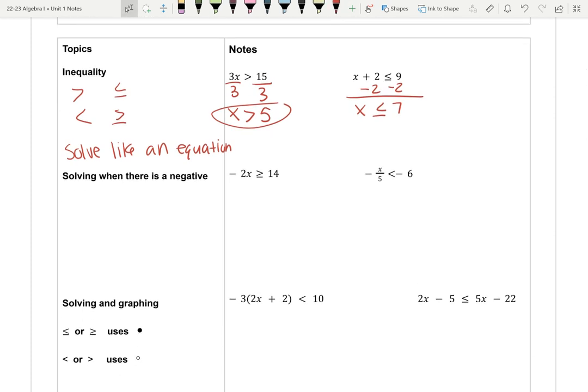Okay, the next one, there's a special rule when you multiply or divide by a negative. So if I have this, negative 2x is greater than or equal to 14, and I divide by 2 on both sides, what I'm going to do is flip the sign in the middle to go the other way.